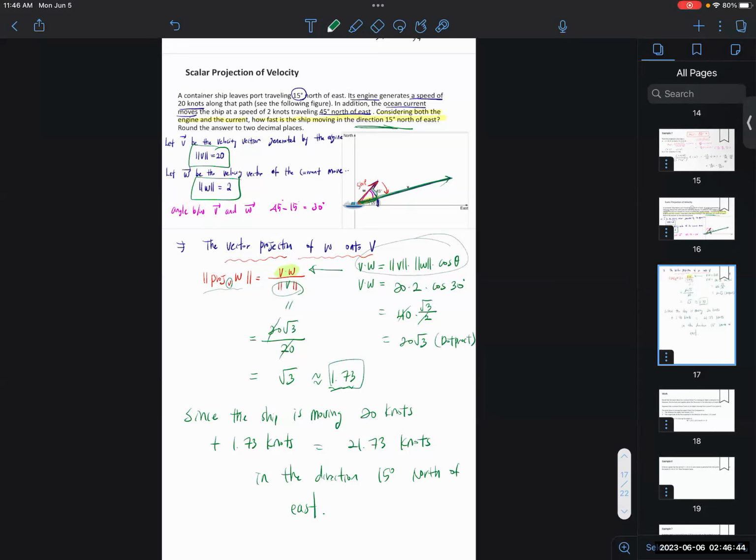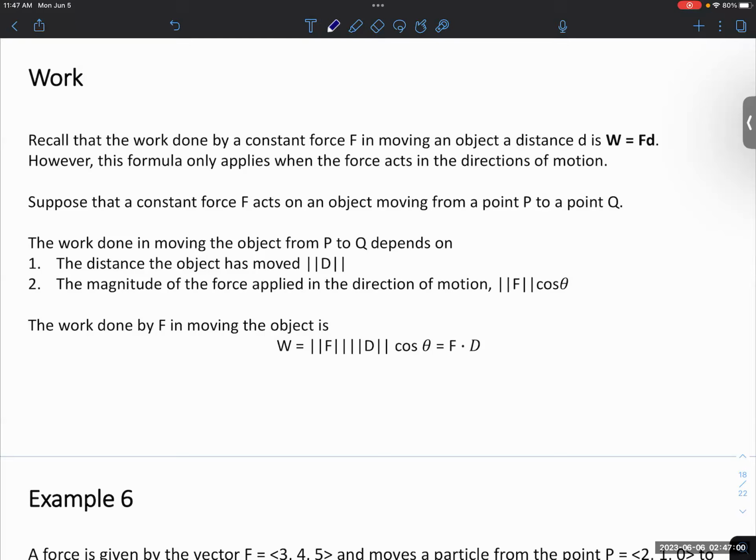I'm going to quickly go to the next example, work. You can also use the dot product concept when you're calculating work in a physics context. We now understand what the dot product means, and we can see how to apply it to real life situations. The most common application of the dot product of two vectors is the calculation of work.